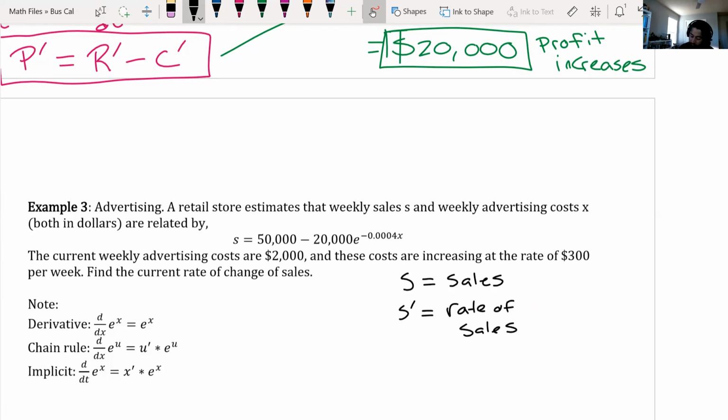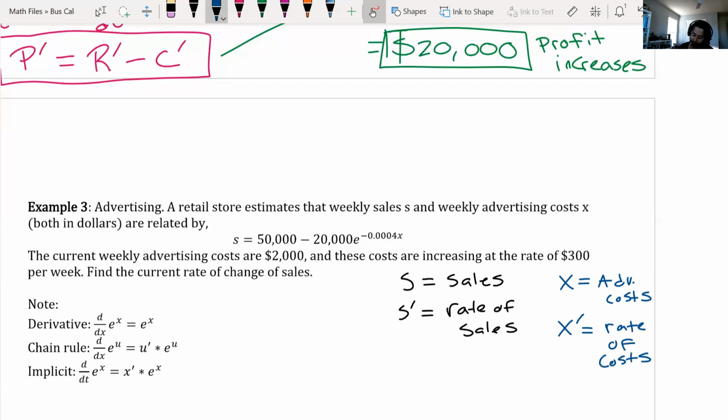And then we know that X is the weekly advertising cost, so I'll say advertising costs. And then X prime would be the rate of change of the cost, so I'll say just rate of cost.